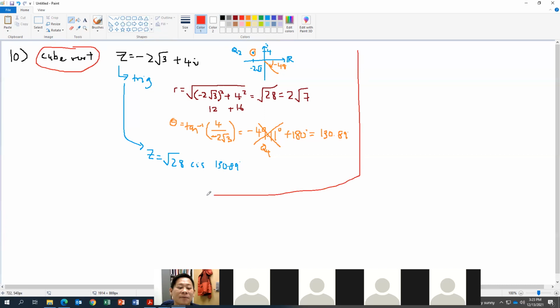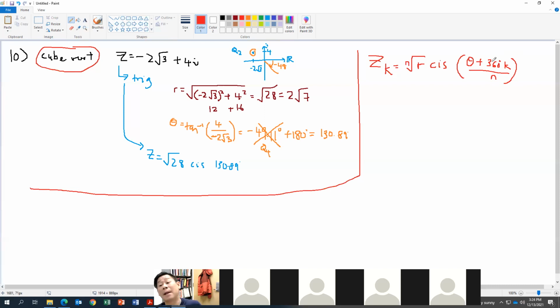In order for us to find the cube root, you have to use the formula where zk in this case is the nth root of r, cis of (theta plus 360 degrees k) over n. And if you want this in radians, you just change the 360 to become 2 pi.